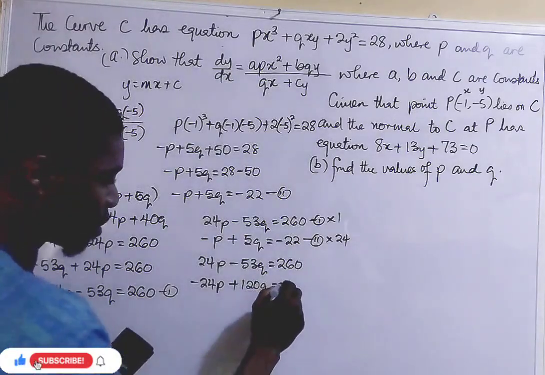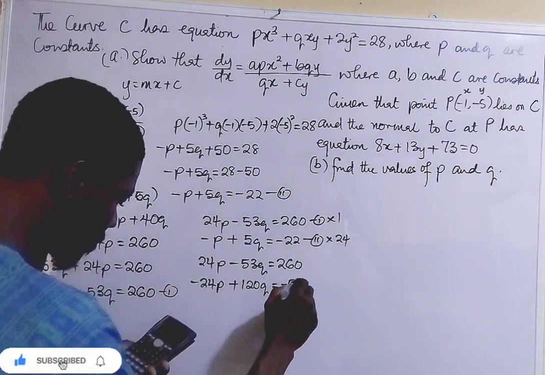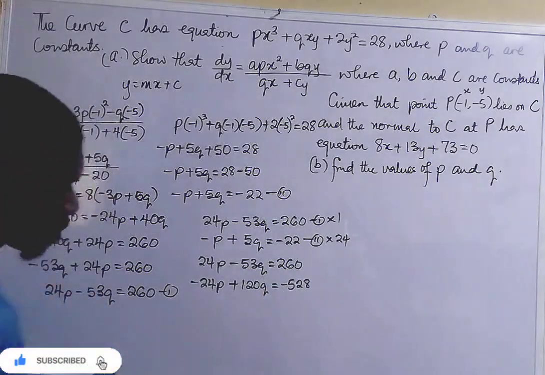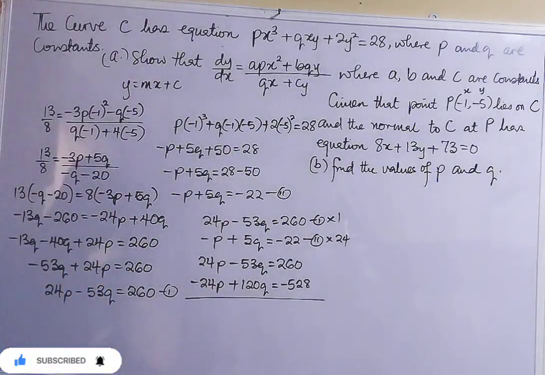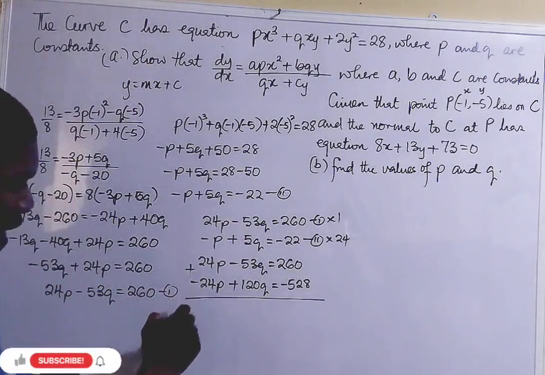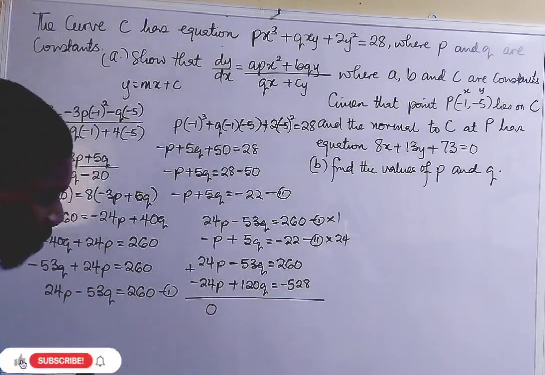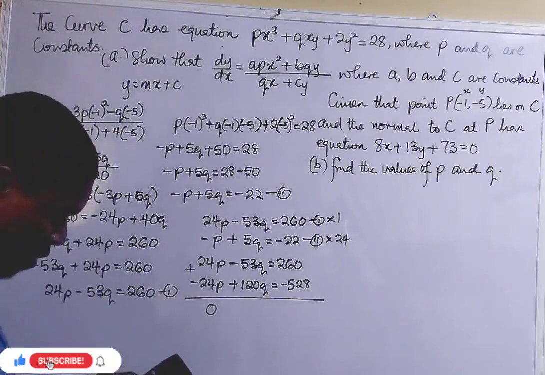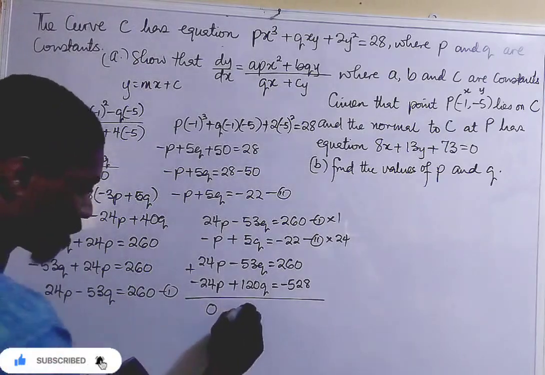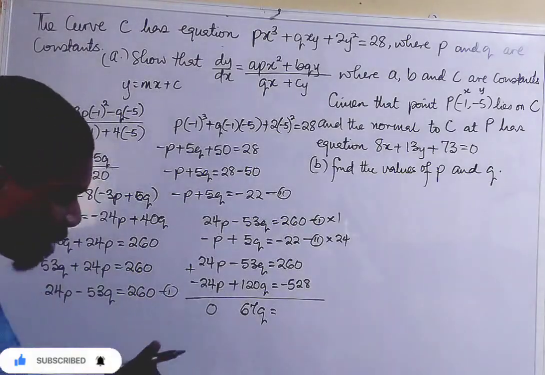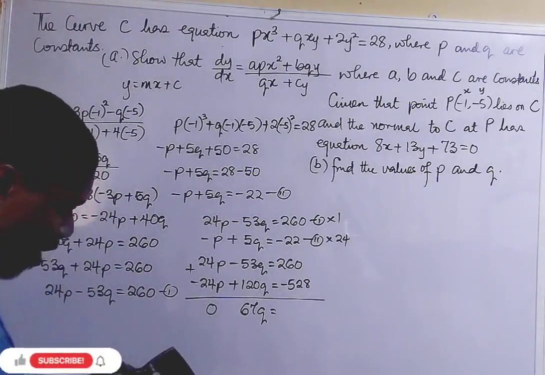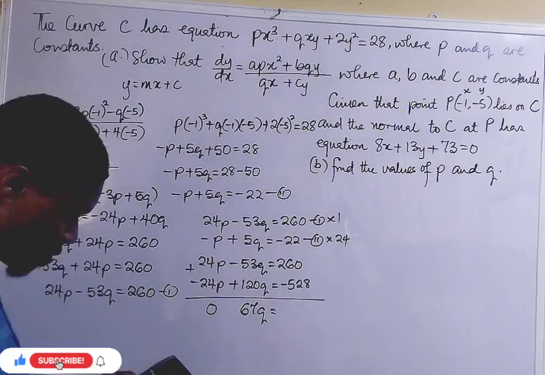This will give us negative 528. So to this end, let us add. By adding, this gives us 0. Now 120 minus 53, we have 67q, and equals, by adding here, we have 528 minus 260, and we get 268.